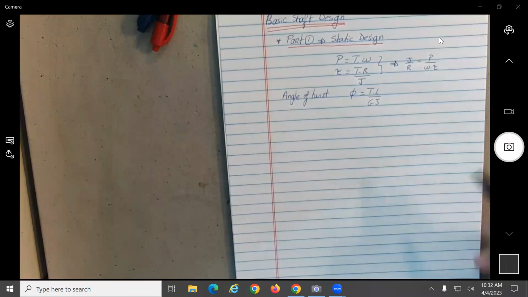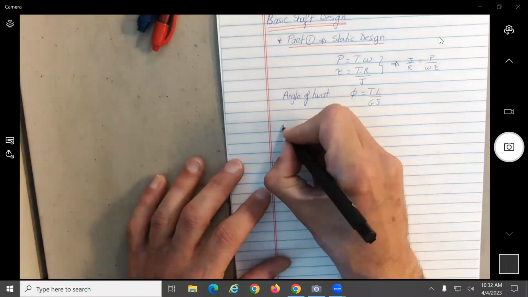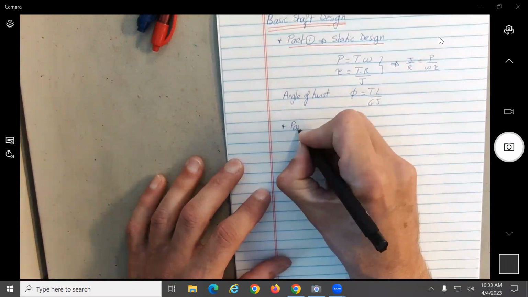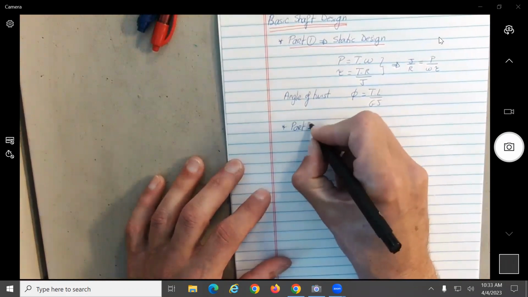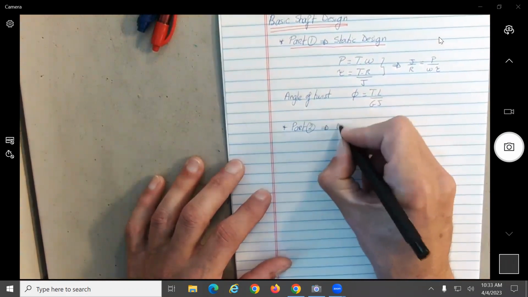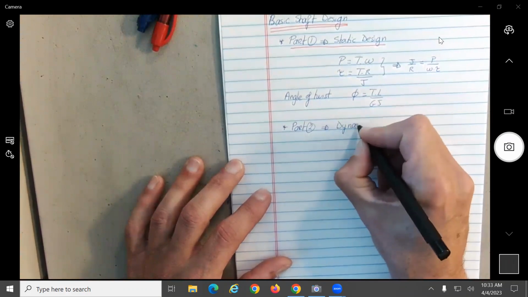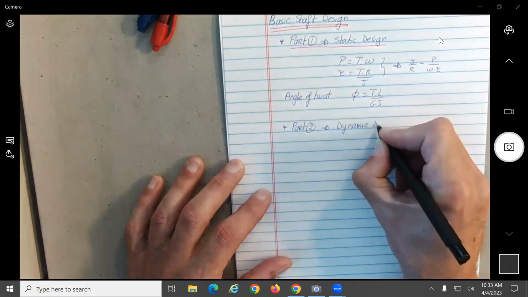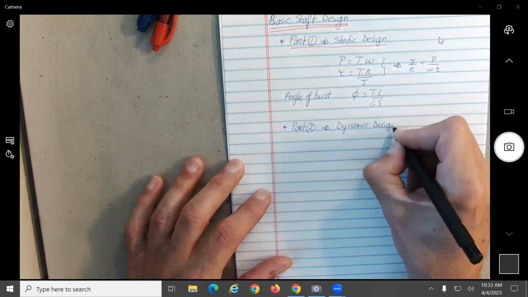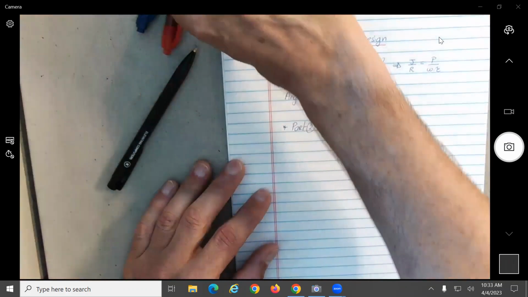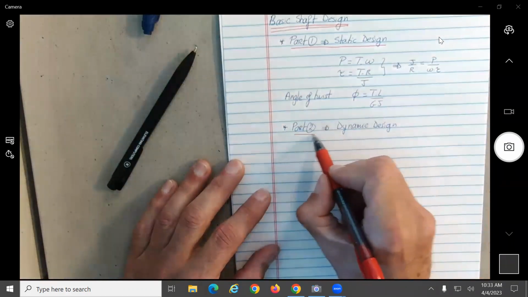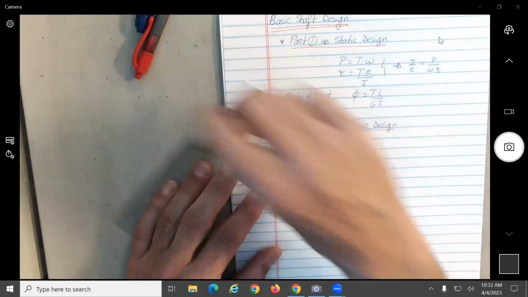So that will be the initial part. Then part two: dynamic design.